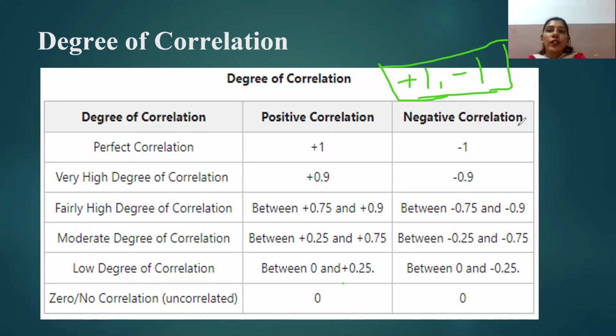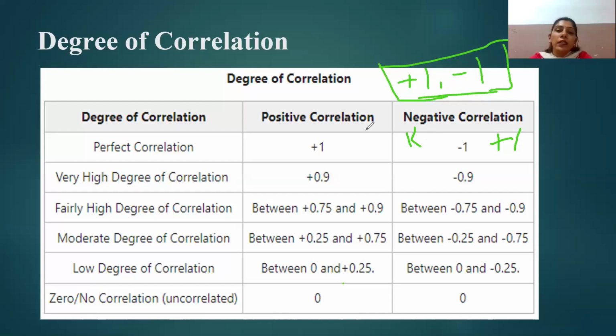According to Karl Pearson's coefficient of correlation, in the case of +1, the correlation is +1. The coefficient of correlation is given by Karl Pearson, who gave this formula of the Karl Pearson coefficient of correlation.